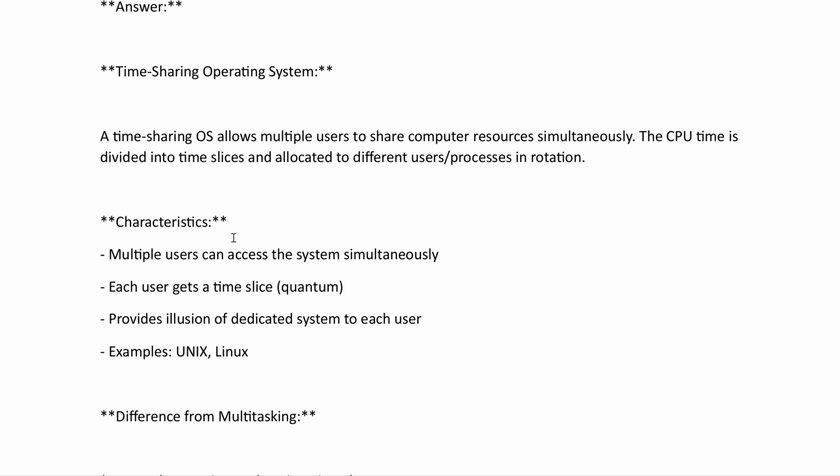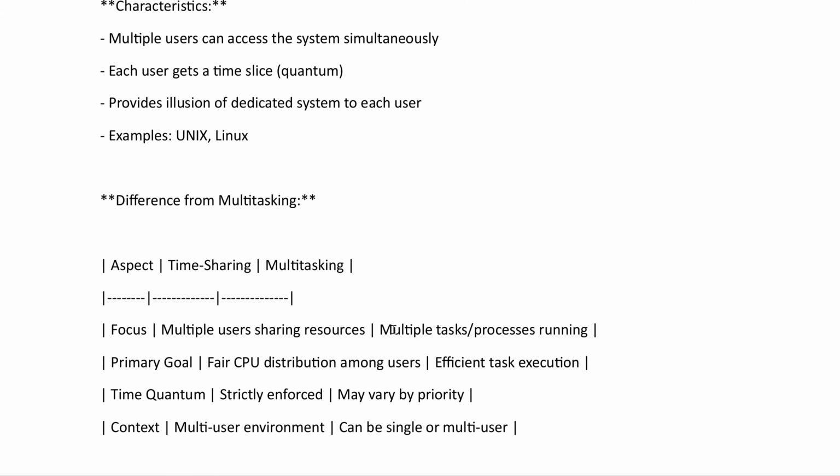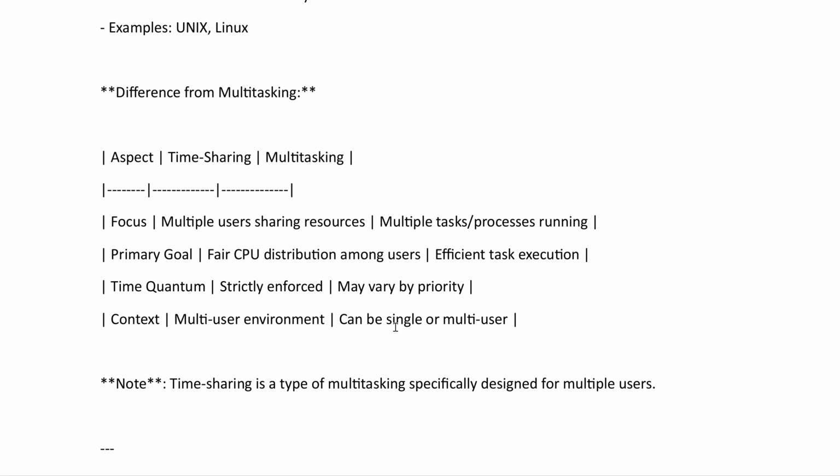But multiple users are using that system simultaneously. That's why it is a time sharing operating system. Examples of time sharing operating systems are Unix and Linux. Now, how does it differ from a multitasking system? These are some of the differences between a time sharing operating system and a multitasking system.